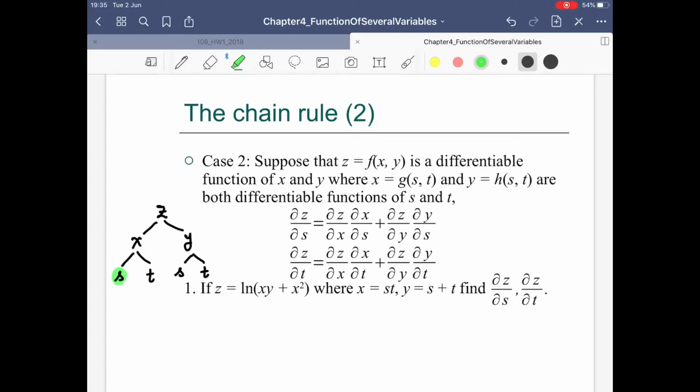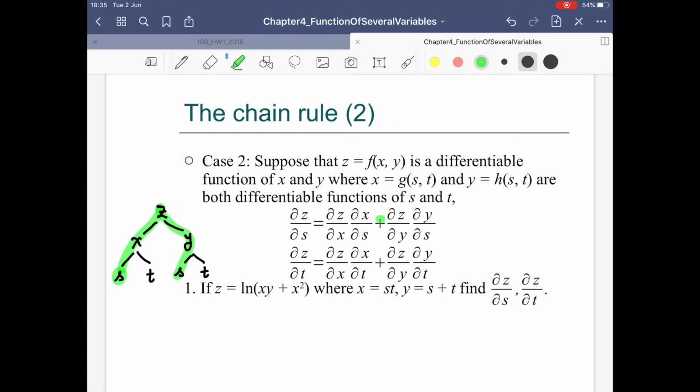So this means that if you want to find a derivative of z, first thing you can find a derivative with respect to s, and to reach the s right there, you can go through the path passing the x, or you can go through the path passing the y, just like that. So again, you got two contributions to reach the s.